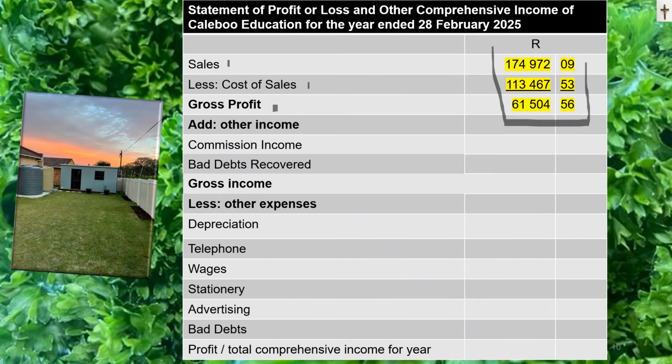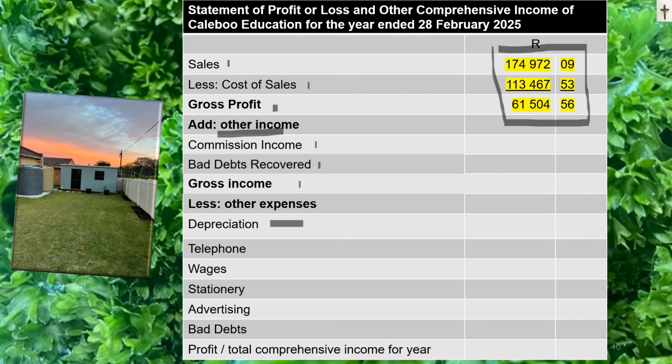So I took those numbers, which didn't change, and I put them in. Then I don't know the correct figures yet for commission income and bad debts recovered, but we will see. And then you add them together and you get the gross income. So you add other income less other expenses.